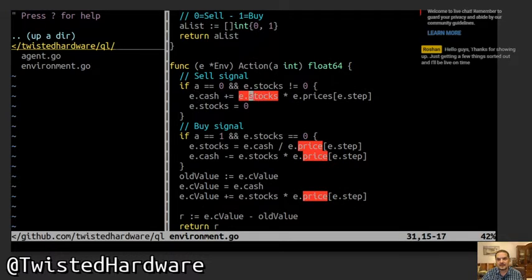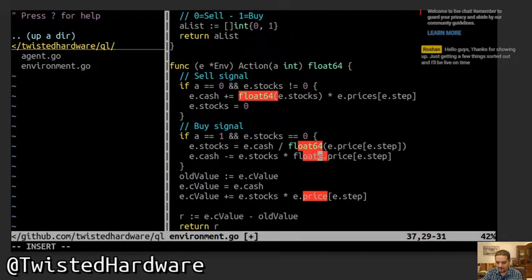And I think I have a small problem in here. These should all be float 64. You cannot multiply a float 64 by an integer. So I'll just make everything into float 64.